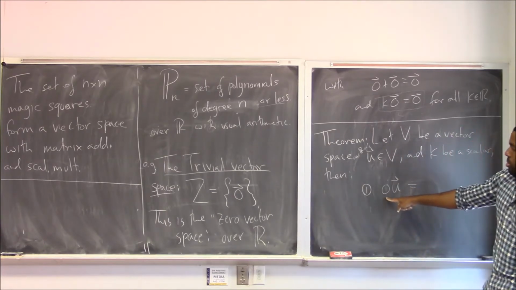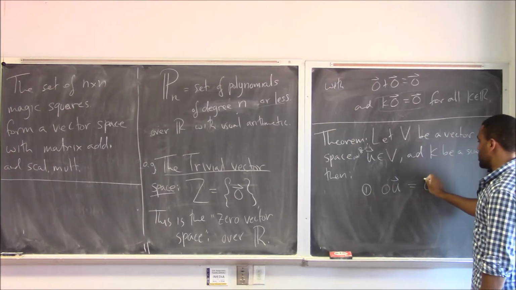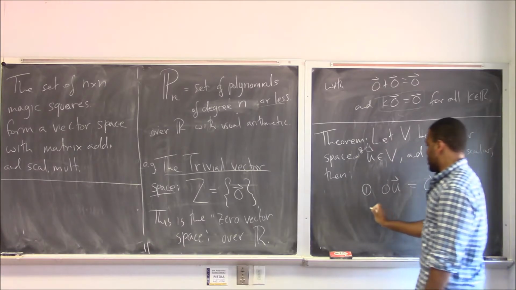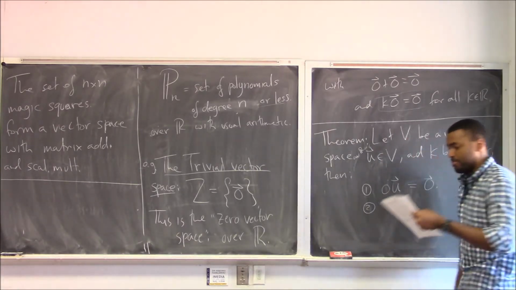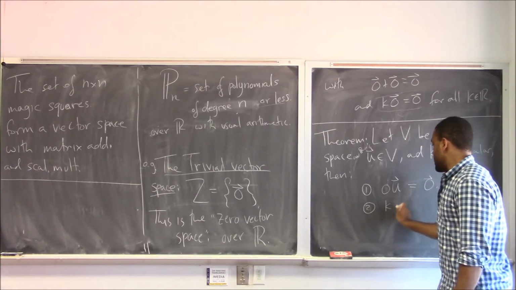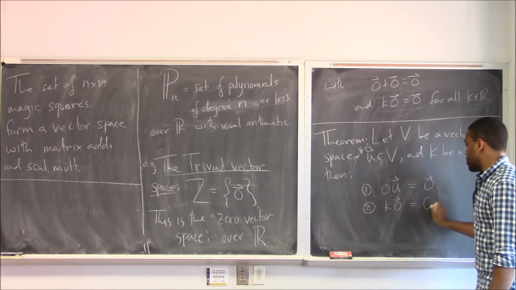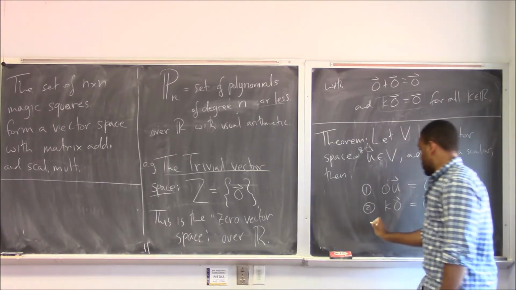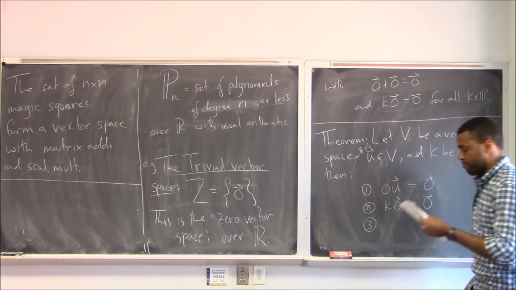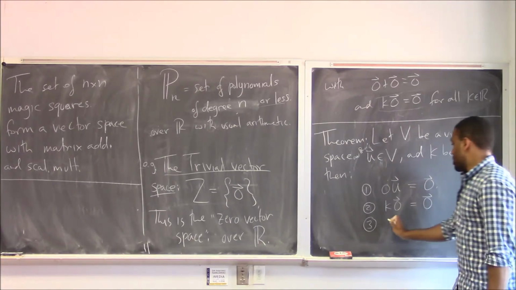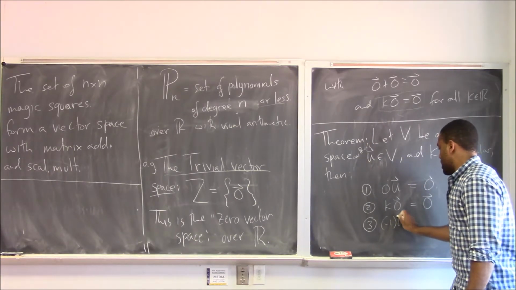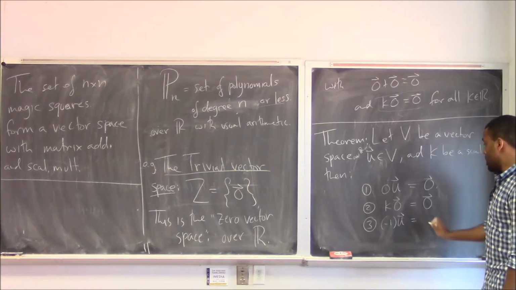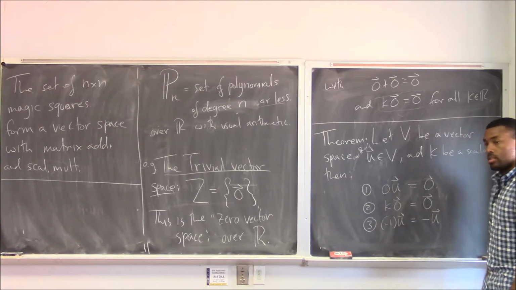If I take the real number 0 times a vector, I will get the 0 vector. 2. If I take any scalar times the 0 vector, the result will be the 0 vector. 3. If I take -1 times a vector, it'll be the negative of the vector.